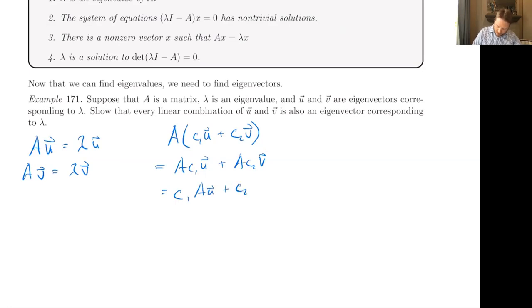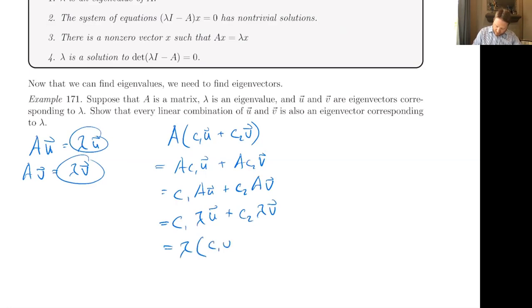And from our assumptions here, we know what those are. That is C1 times lambda U plus C2 times lambda V. And I can factor that lambda out to get lambda times C1U plus C2V. Okay, well, there we go. I have A times that vector equals lambda times that vector.